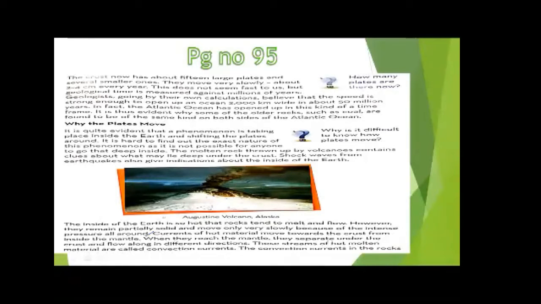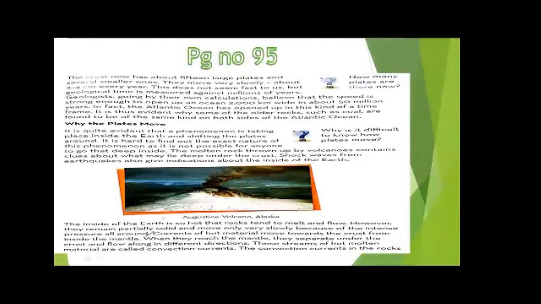So, the crust now comprises about 15 large plates and several smaller plates. They move a distance of 2 to 4 centimeters every year, and this movement is very slow. This movement does not seem fast to us, but geological time, the time of physical formation and development of the earth, is measured against millions of years.